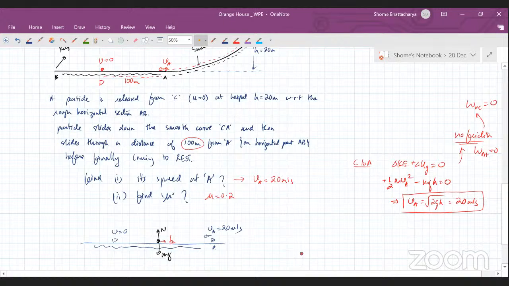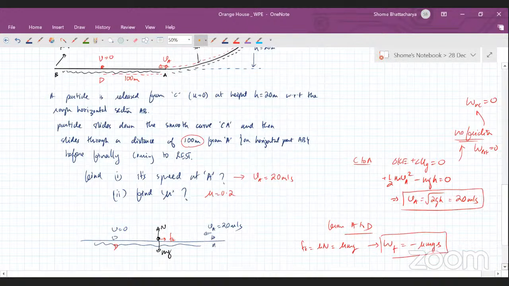So that kinetic friction will be equal to mu N equal to mu mg in magnitude. So the work done by friction from A to D will be minus mu mg into the distance.